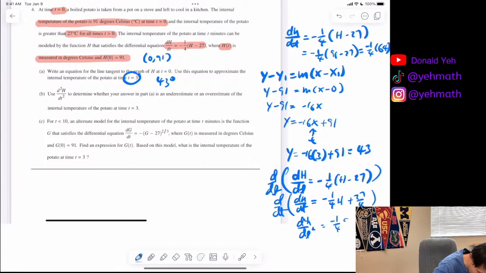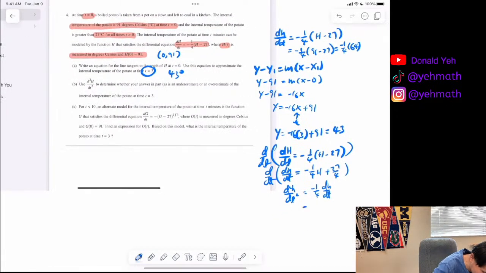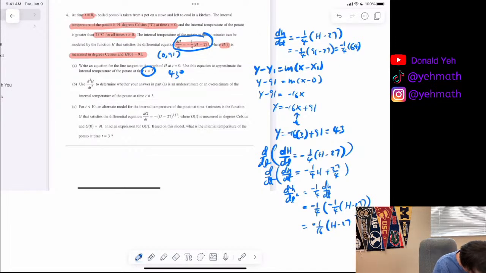It'll be negative 1/4 of dh/dt. Now, can I substitute back the dh/dt? Well, dh/dt is known as before right here. So it'll be negative 1/4 of h minus 27. Is that okay? So that's going to be 1/16 times h minus 27.